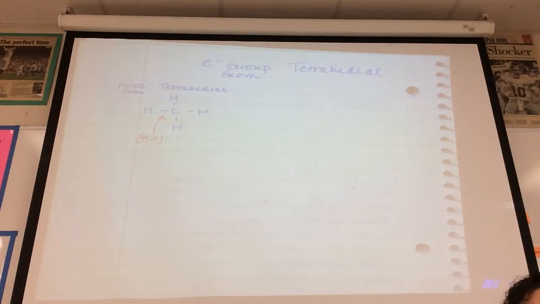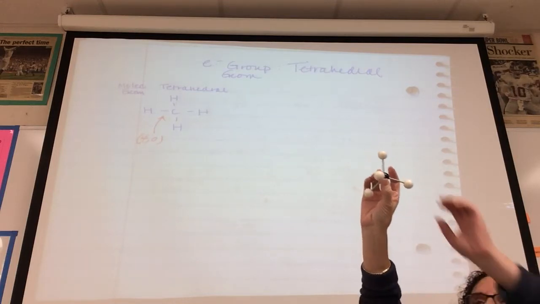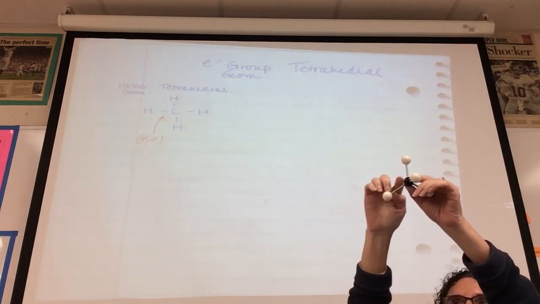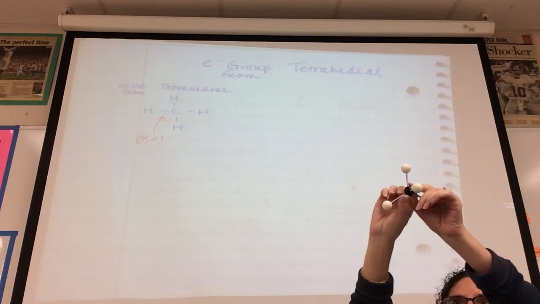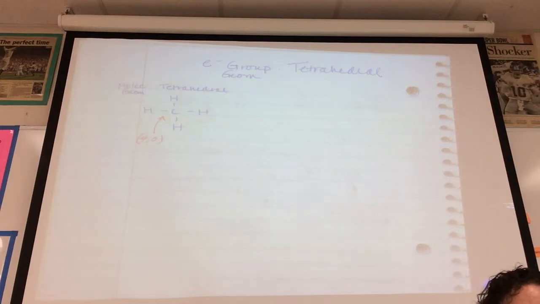But when you construct this in the lab, it actually looks like this. I'm going to hold it up. So what you have here is not an angle of 90. It's clearly more obtuse than that. And the bond angle is actually 109.5.